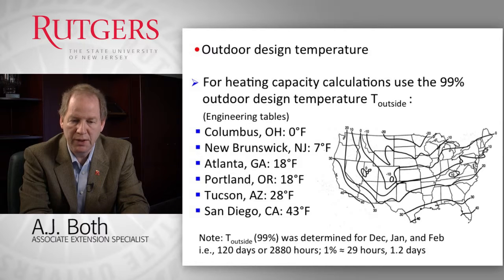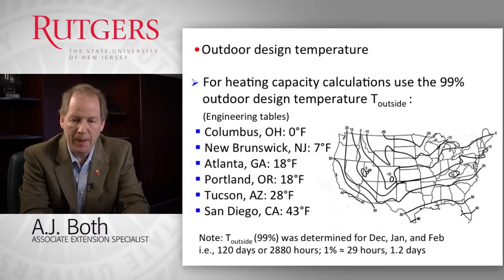So you see on the right-hand side in this image a picture of the United States with a bunch of contour lines showing what the 99% design temperature is for different locations. So if you don't have a table, you can look at this image, but tables are typically a little bit better because you have a higher resolution in terms of the locations for where you want to design your heating system.